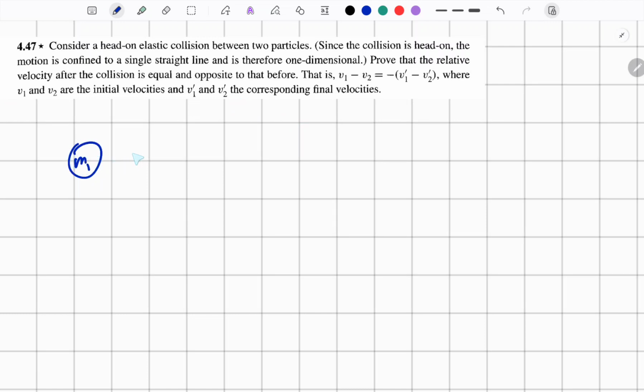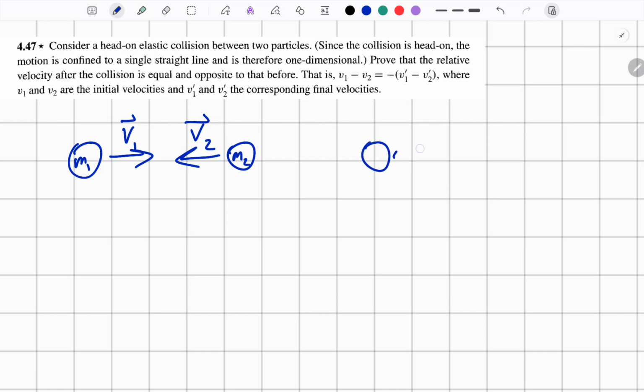So we call this one M1. This one is M2. They're traveling at each other head-on, so we're only in one-dimensional motion right here. So you're going to have V1, V2.